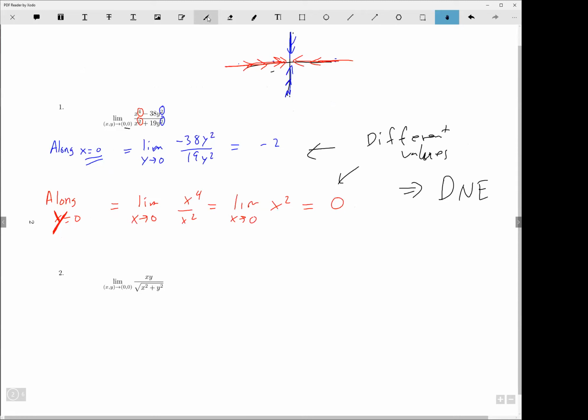Okay, now the next problem, we have this limit here. Let's see, things that you can note is that these are both to the first power, right? If you take this, ignore the y squared for now, you get x to the first power, well, the absolute value of that.